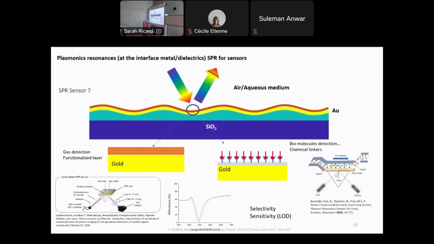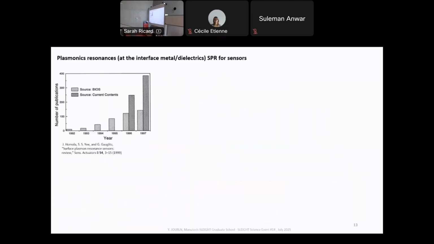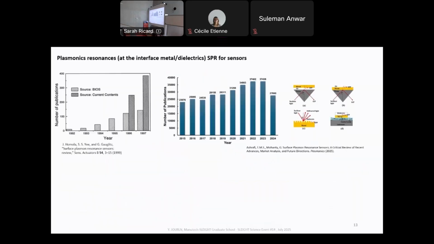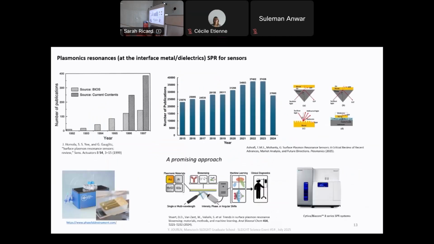Okay, so a lot of sensors exploiting this approach have existed for a long time. Just a few words about SPR sensors. It started in the 90s, with the first demonstrators, and now it still continues to increase. So I think it's a very promising approach for the selectivity and for its high performance in terms of sensitivity.